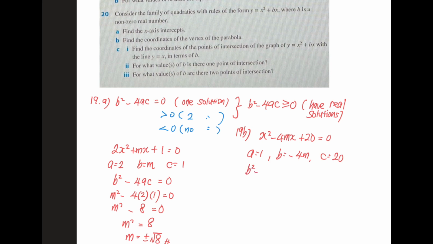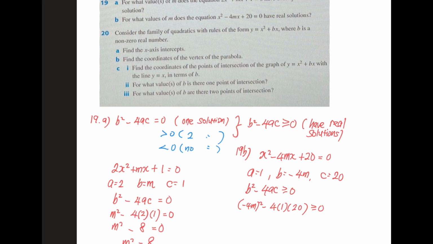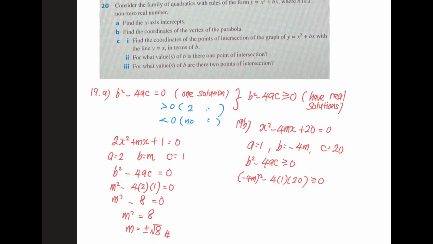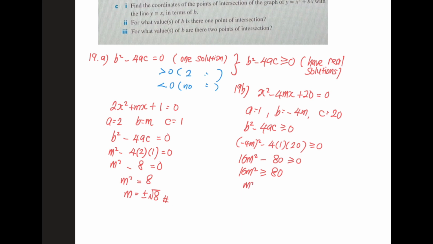So I write down also, then we substitute, more than or equal to 0. Now we need to solve the inequality and find the interval for m. So expand this: 16m squared minus 80 more than or equal to 0. 16m squared more than or equal to 80. m squared more than or equal to 5.